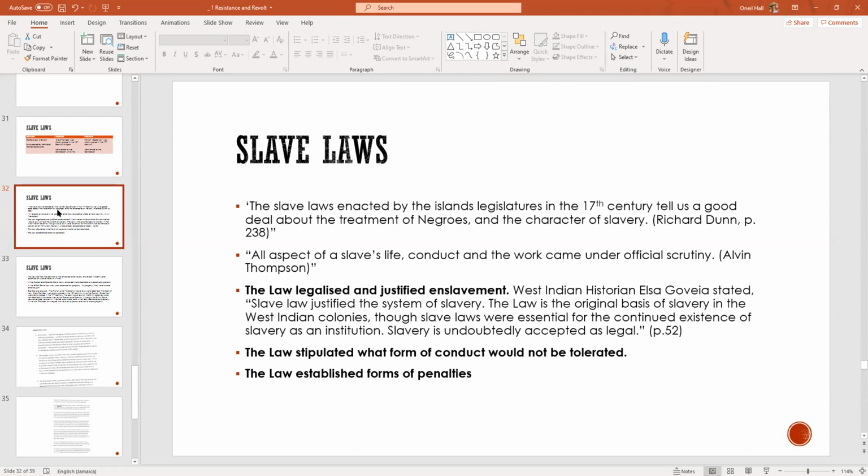So if we look at the slave laws in the British colony, the French colony, and the Spanish colonies, did the British slave law have any special name attached to it? Yes or no?